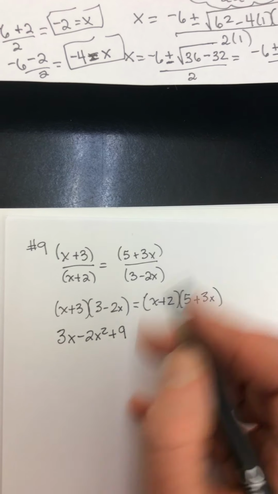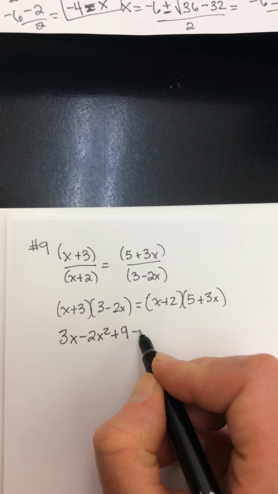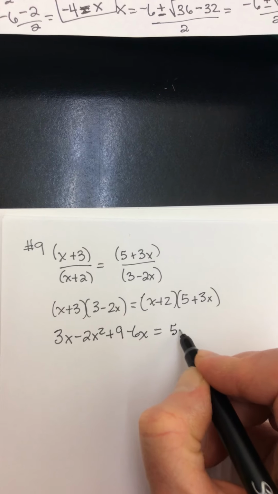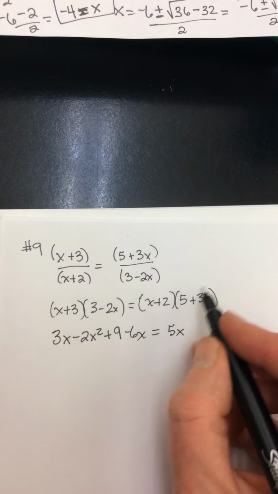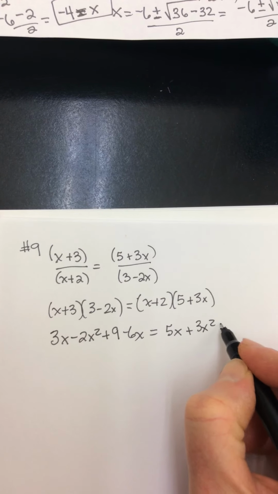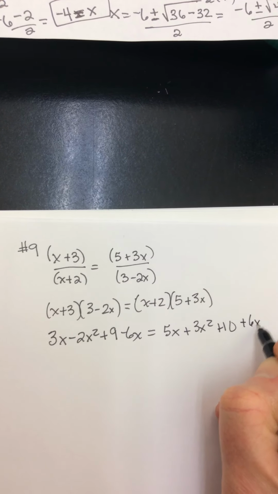First outer, whoops, I didn't do it in the order that we usually do it in, minus 6x. Sorry about that. And then in this side, 5x outer plus 3x squared inner plus 10 last plus 6x.